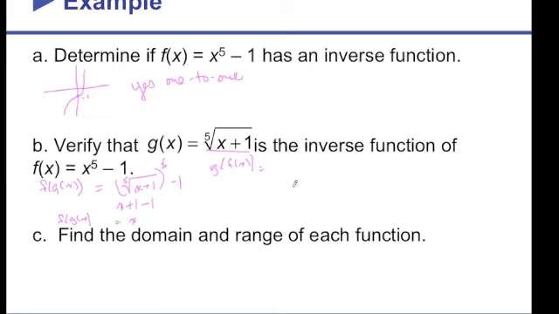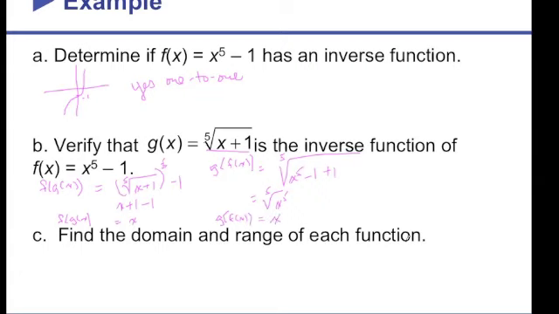So I will find the fifth root of x to the fifth minus 1, that's f of x, plus 1. So I end up with the fifth root of x to the fifth, and find out that g of f of x definitely will equal x.